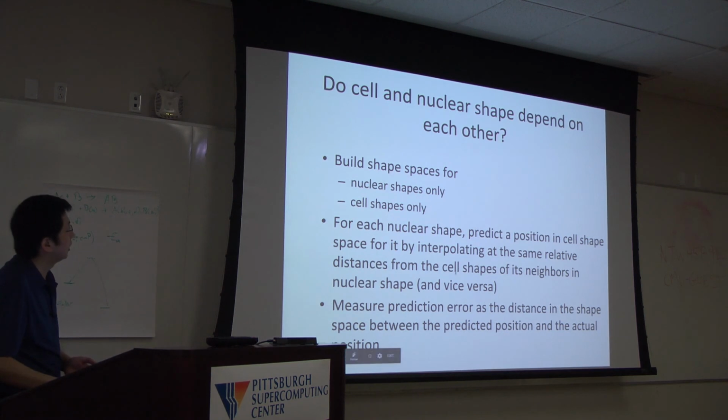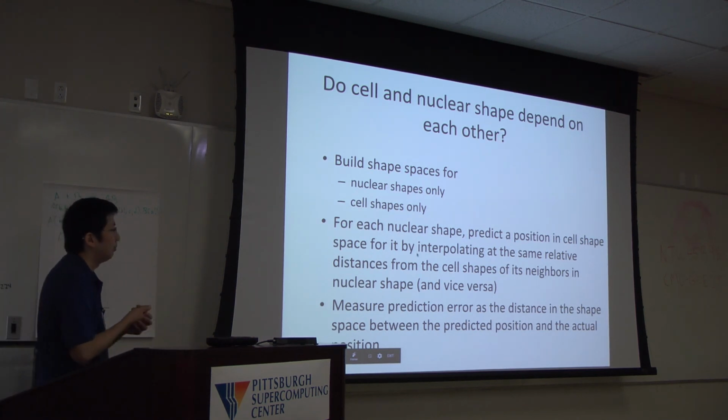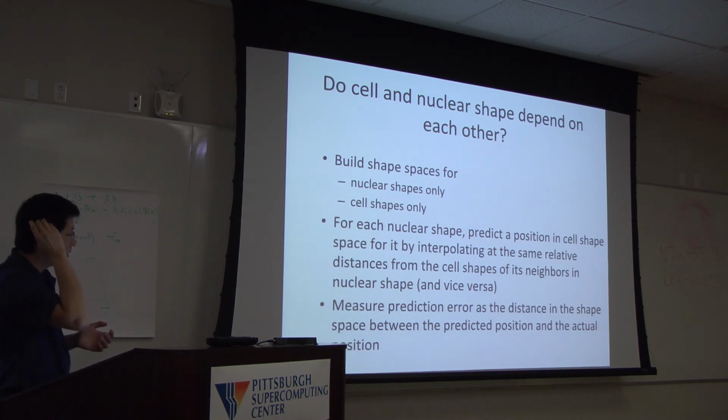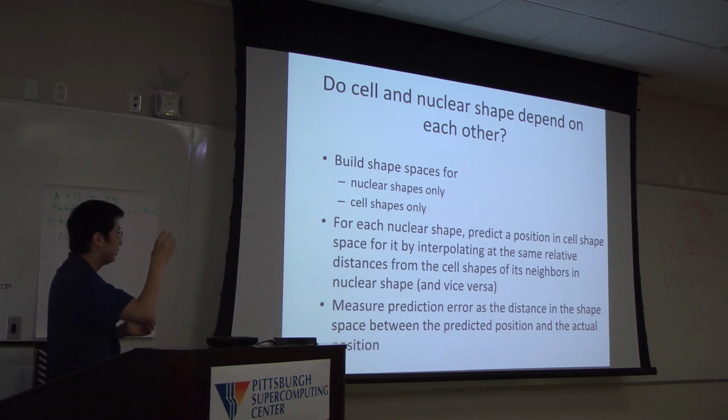We construct the cell and nuclear shape spaces separately, and then for each nuclear shape, we can predict its position in cell shape space by interpolating the distances from the cell shapes of its neighbors.